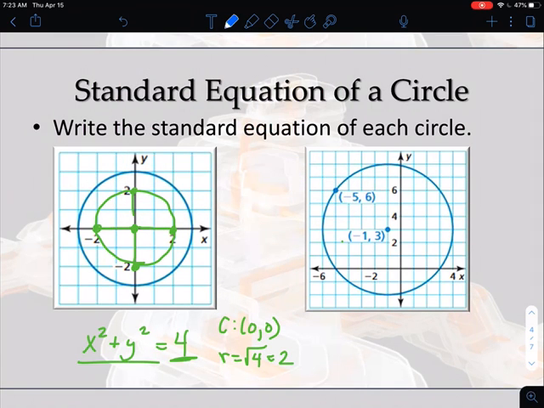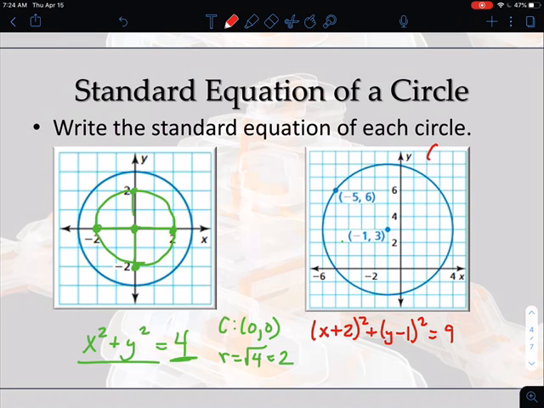Now if we move the center, let's say they tell us that our equation is x plus 2 squared plus y minus 1 squared is equal to 9.